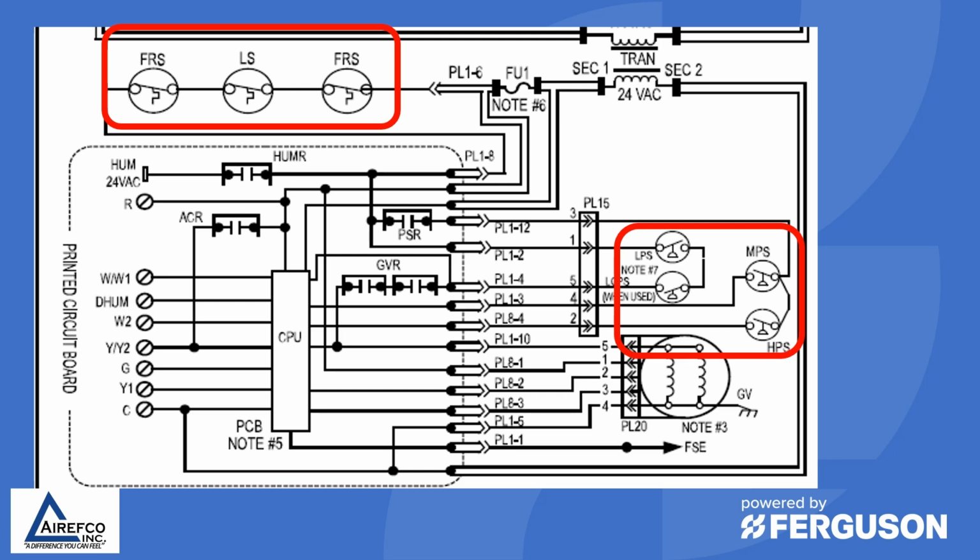Well, what you have to understand is that even though the switch may show that it's closed, the board may not be seeing that it's closed because of some problem in the wiring where it goes back to the board.